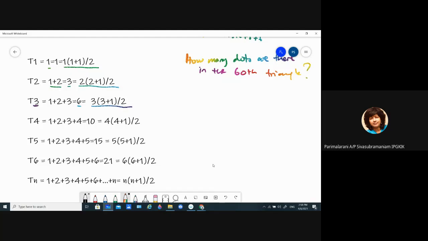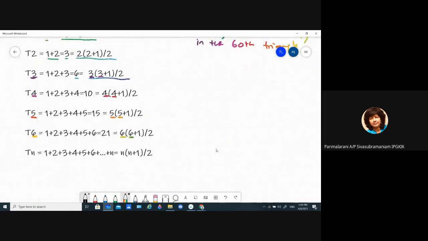So for term 3, we have multiplied by 3 and 3 plus 1. Term 4, we have multiplied by 4, (4 plus 1) over 2. Term 5 is multiplied by 5, (5 plus 1) over 2. Term 6 is multiplied by 6, (6 plus 1) over 2. So what is term n?